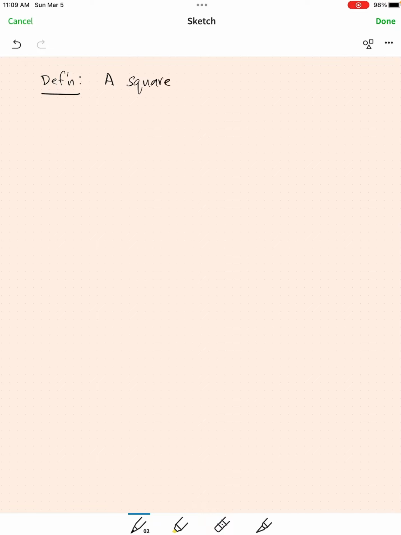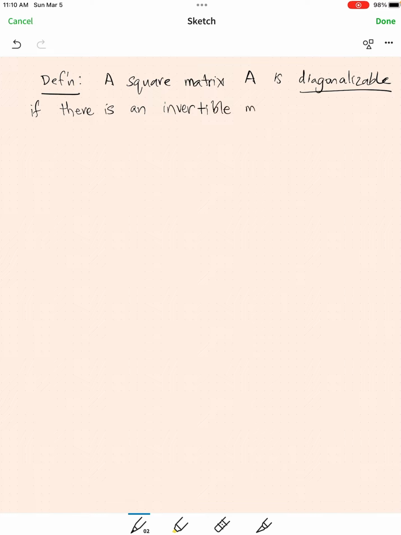A square matrix A is diagonalizable if there is an invertible matrix P and a diagonal matrix D such that A is equal to P times D times P inverse.